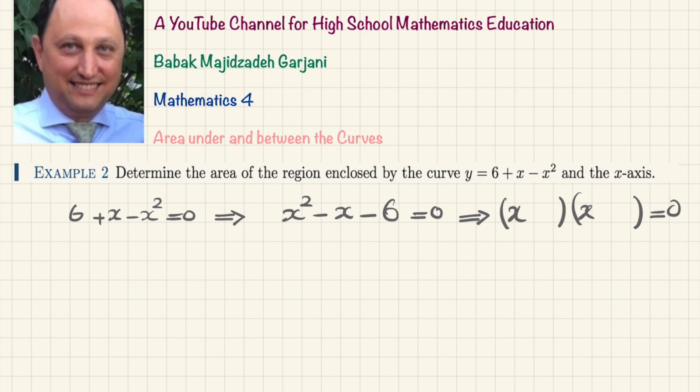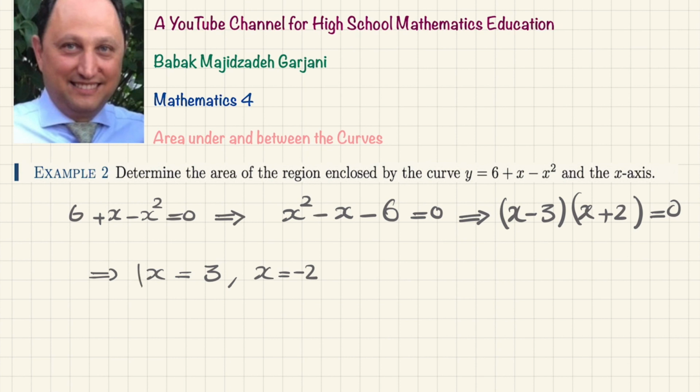Because these numbers are so simple to guess, I prefer to factorize instead of using the ABC formula. So then it becomes x minus 3 times x plus 2, yes? The sum of these two numbers is -1 and the product is -6. So this would imply that one answer is +3 and the other answer is -2.